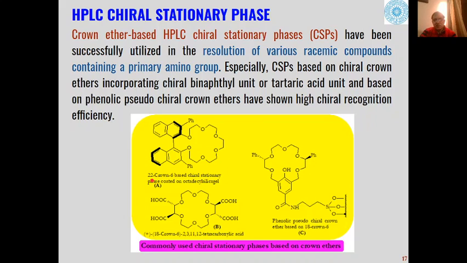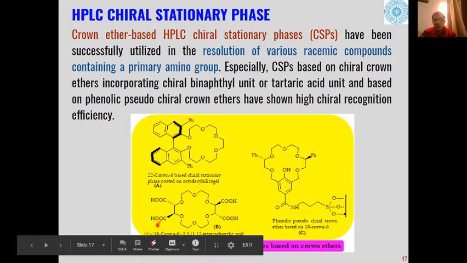For example, this 22-crown-6 derivative of a naphthyl-based compound has been used as a chiral stationary phase. It is coated on octadecyl silica gel and then used as a chiral stationary phase.